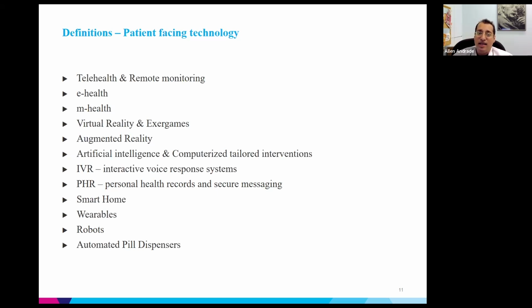It can save a lot of cost to the institution using interactive voice response systems, but they can be quite onerous, and can lead to a lot of frustration on the part of older adults interacting with these systems. However, many patients are comfortable using these interactive voice response systems.